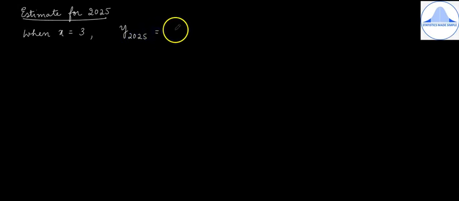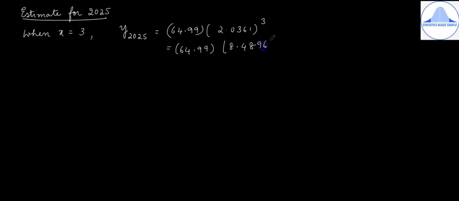y 2025 is equal to 64.99 into 2.0361 to the power of 3, which is equal to 64.99 into 8.4896, which will give us 548.58.